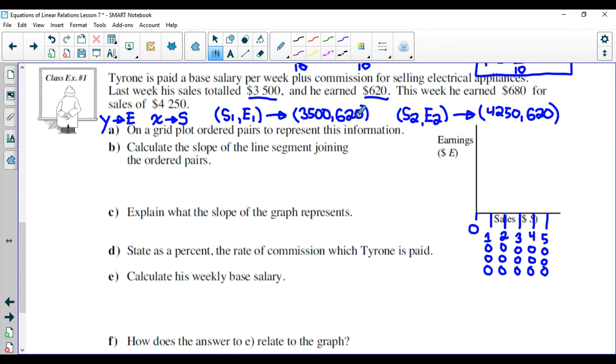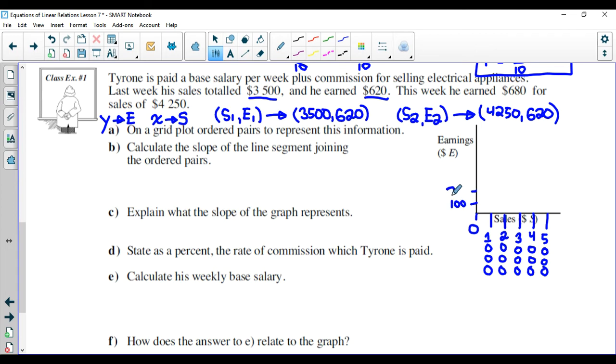Then on the y-axis, the biggest number we go up to is an earning of 620. So maybe I'd make the y-axis go up to a maximum of 700, going up by hundreds. Let's see if I can draw this.